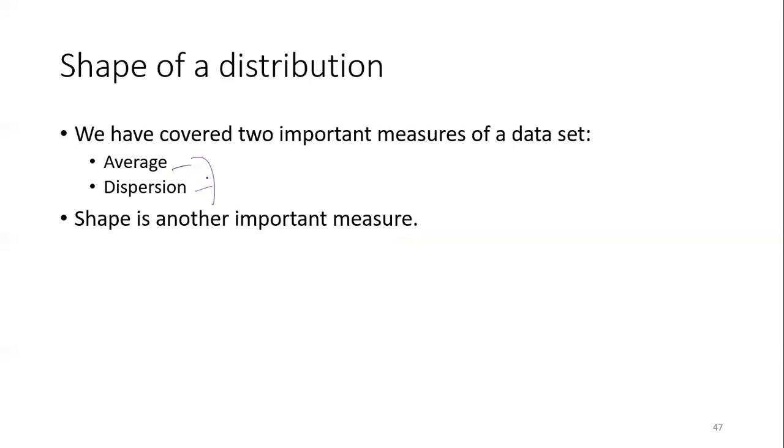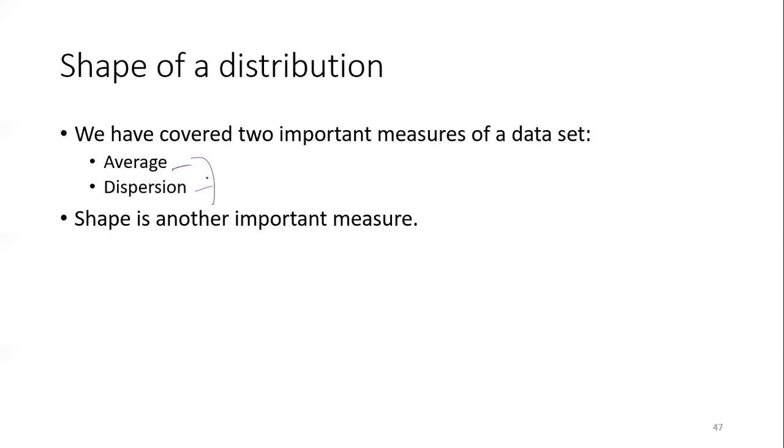If you know the average of a data set, then you know pretty much enough information about the data. If you even know the dispersion or the standard deviation, you really know very fine information about the data.